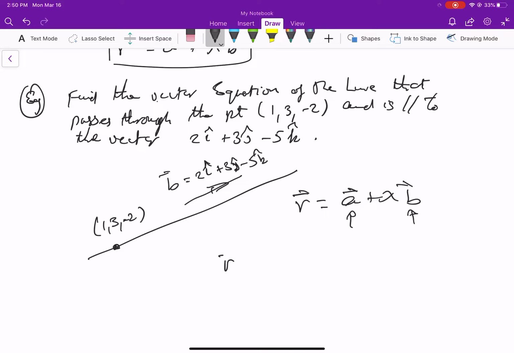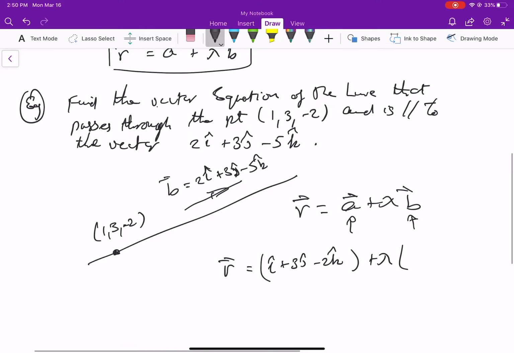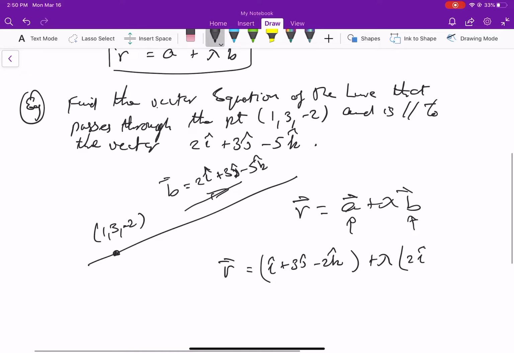r can therefore be written as i + 3j - 2k + lambda into (2i + 3j - 5k). Very simple.